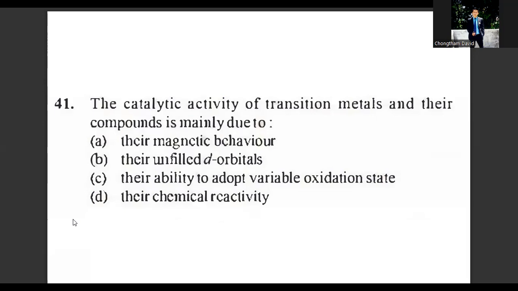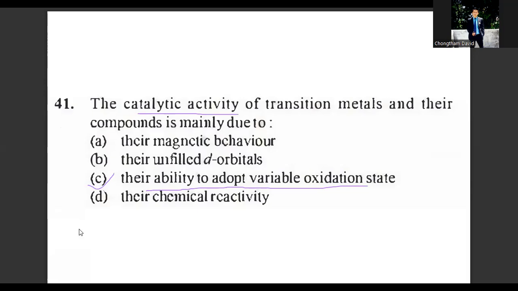Suppose you have divanadium pentoxide from the transition metal first 3d series. If it reacts with sulfur dioxide, it forms divanadium tetraoxide and sulfur trioxide. And if it further undergoes reaction with oxygen, it goes back and forms divanadium pentoxide. So C, the ability to adopt variable oxidation state, is the answer. One main reason why they show catalytic ability is the ability to show variable oxidation state.